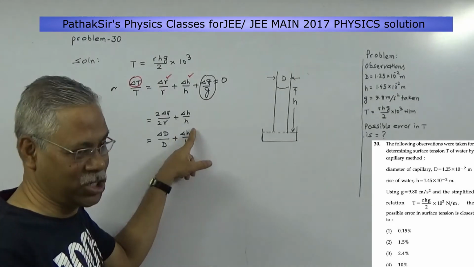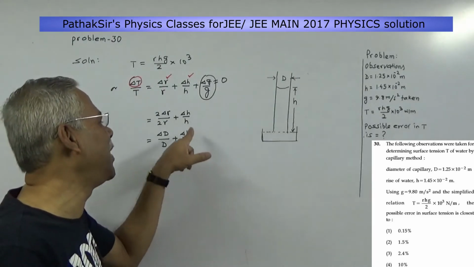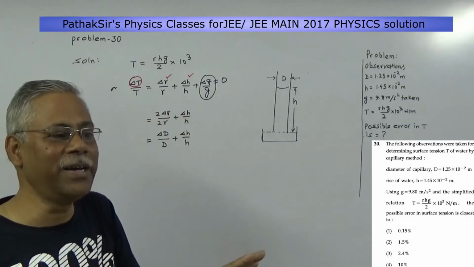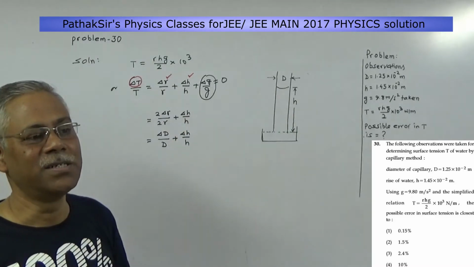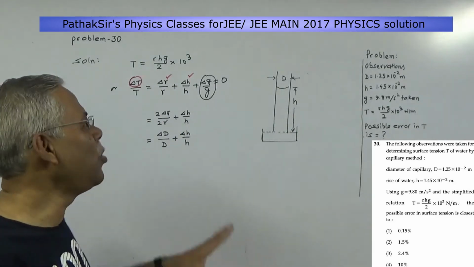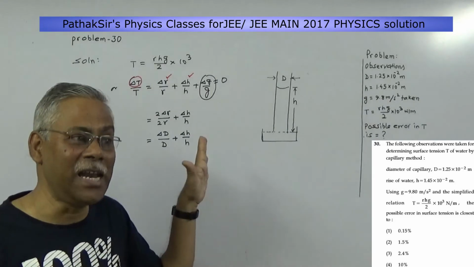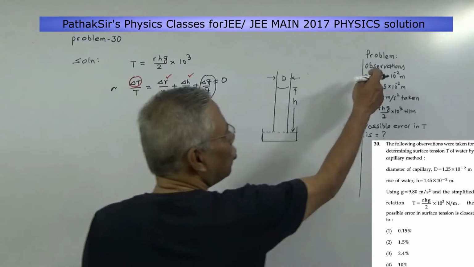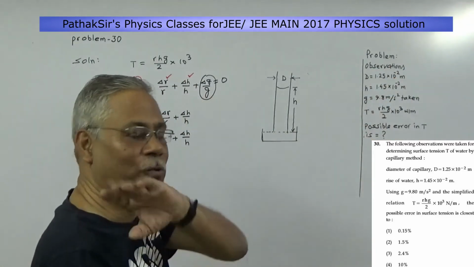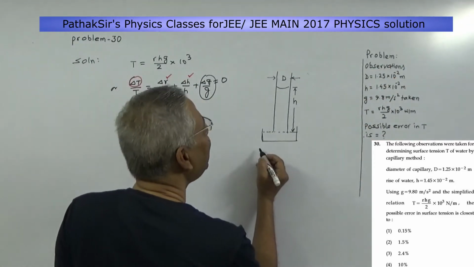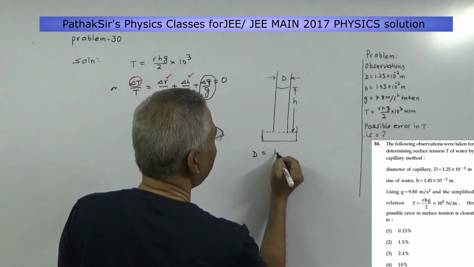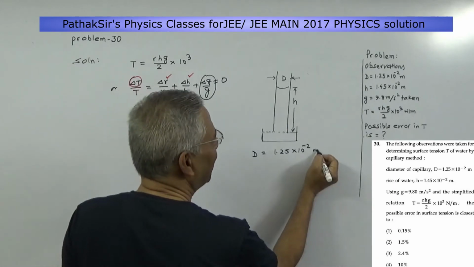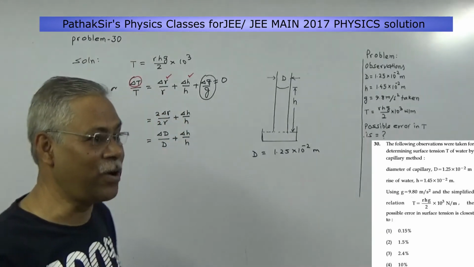Similarly del h, if you have used a millimeter scale, maximum error in h is 1 millimeter. If you have used a vernier, maximum value of del h is 0.1 millimeter. So you will have to know which scale you have used for measurement. I will go through this value D equal to 1.25 into 10 to the power minus 2 meter in order to know which scale you have used.